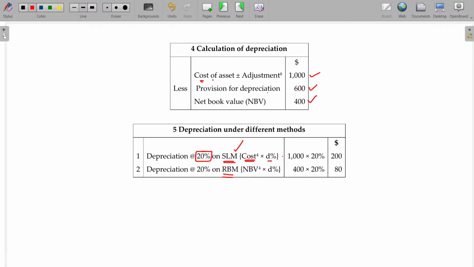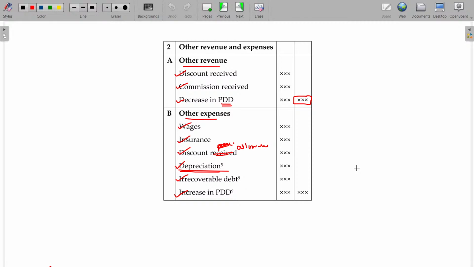So, for example, 1000 into 20% is 200 rupees. Same, if you are going to calculate the depreciation at the rate of 20% on the RBM method, you have to take the net book value. Net book value is nothing but the amount you calculated after subtracting the provision for depreciation from the cost. So this value will be taken here. So 400 rupees. On that 400 rupees, 20% is calculated. That's one of your expenses. Hope you will now be able to understand this part. Clear?